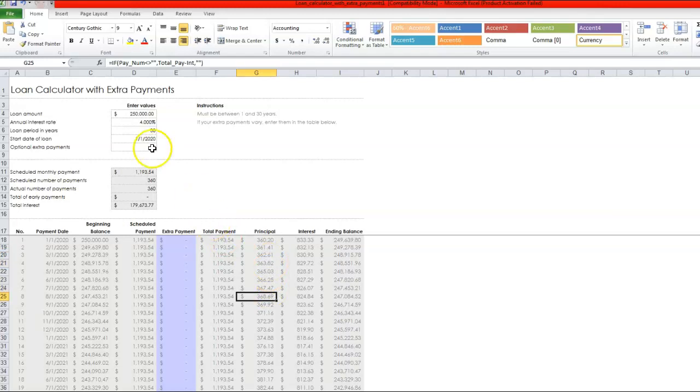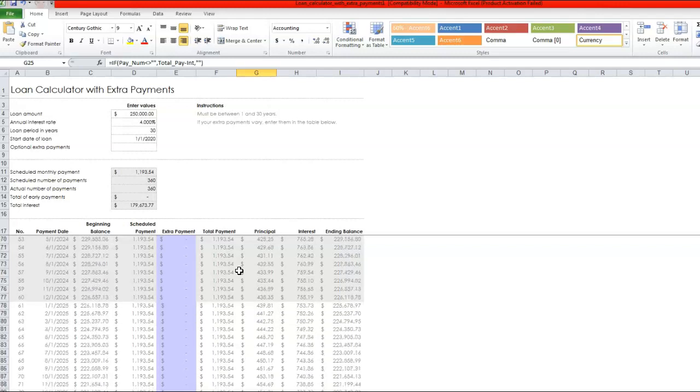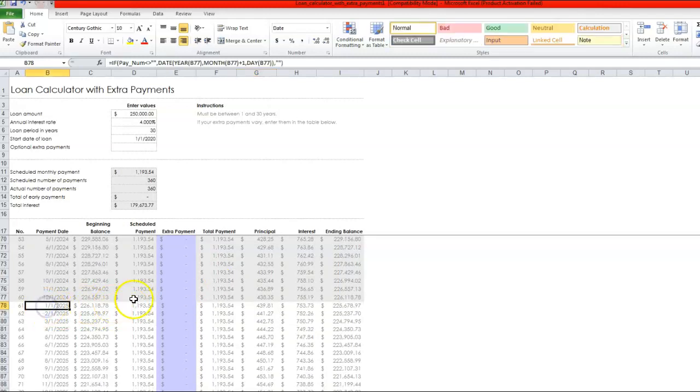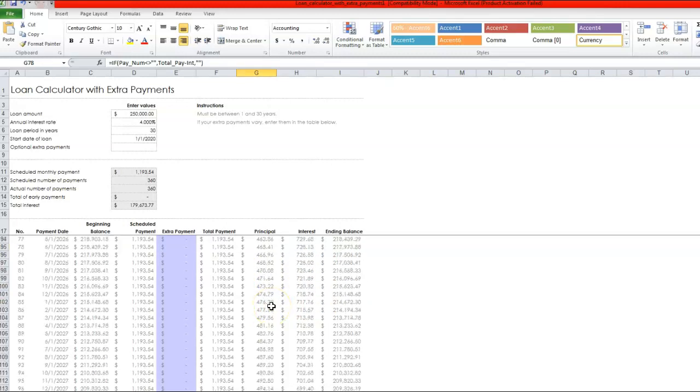Right? So now on this January of 2020 loan, let's go down 5 years and see where we get to. Here, January, we've paid down $25,000 of our loan so far, and our principal is starting to increase. I'm going to go about 10 years in. 10 years in, we're still paying more principal than we are interest.